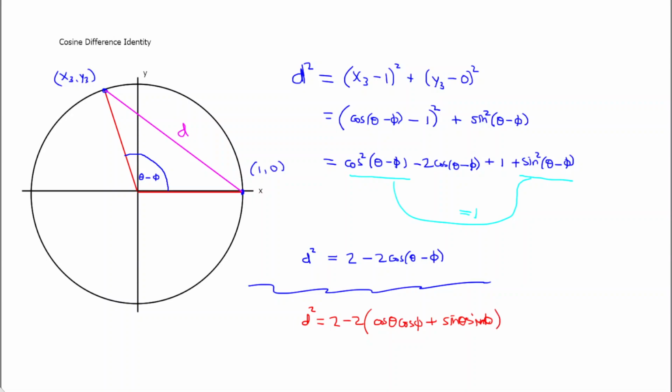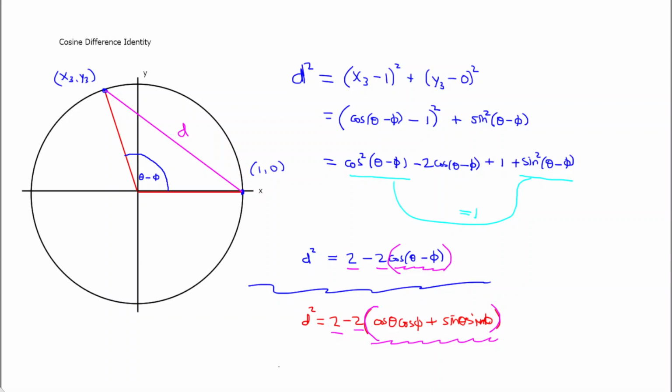If we take a closer look at things, we see that d squared is equal to 2 minus 2 times something else. In the case we just finished, that something else was cosine of theta minus phi. And previously, that something else was cosine theta cosine phi plus sine theta sine phi.